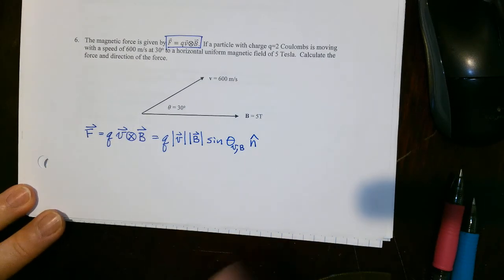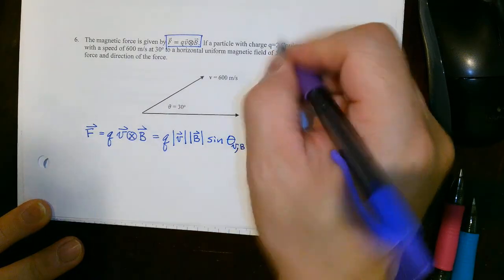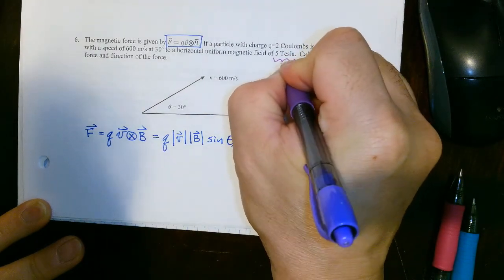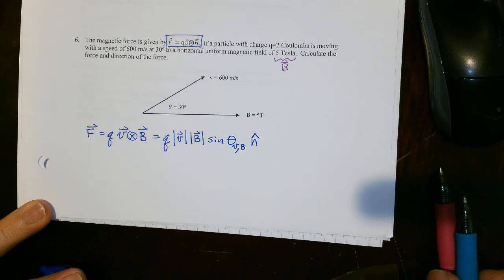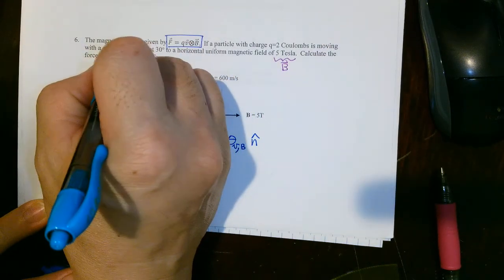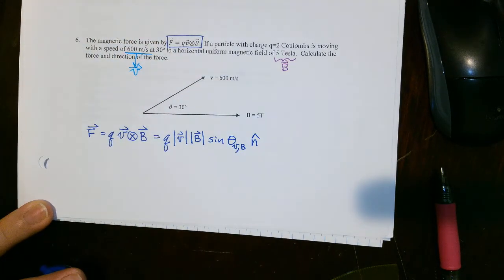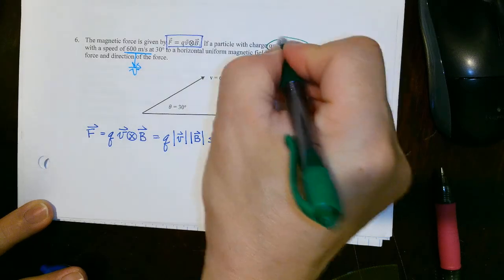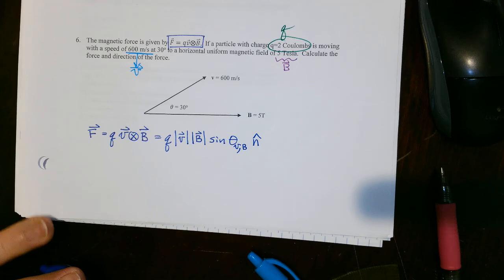So this here is the B field. This is V. This is Q, which is just a scalar quantity, like a number, 2.